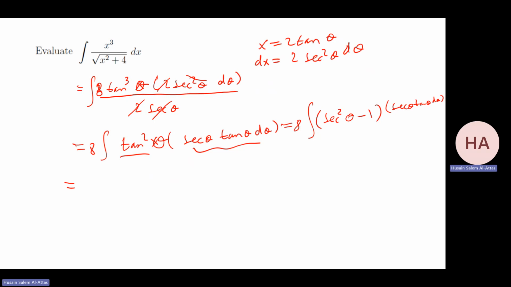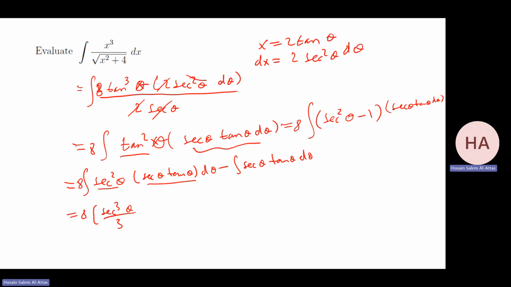That can split into 2 parts. Don't forget the 8. Secant squared theta times secant theta tan theta d theta minus secant theta tan theta d theta. If this is u, this is du. So you have 8 secant to the power 3 over 3, plus this is du, this one minus secant theta, plus c.